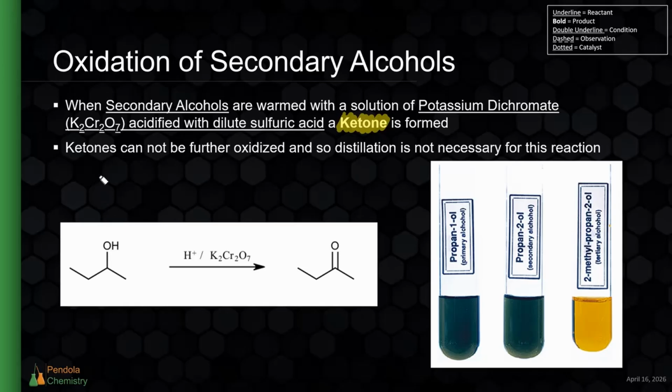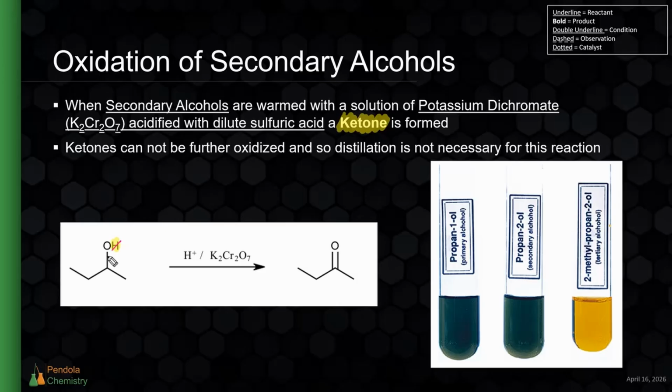What happens during this reaction, again, because it's oxidation, is the removal of a hydrogen. The hydrogen in the OH, along with the hydrogen on this carbon, are going to be removed, and a double bond will be created between the oxygen and the carbon.